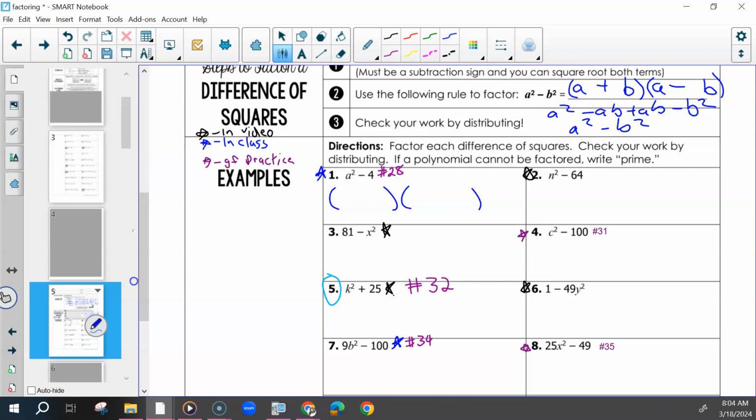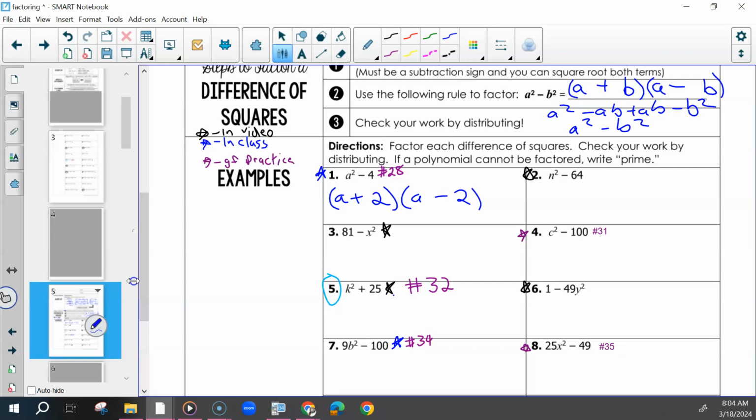Okay. A times what would give you a squared? A times a. Ignore the negative. What times what would give you 4? 2 times 2. Put a plus, put a minus. That's it. That's why I said this one is probably the easiest one.